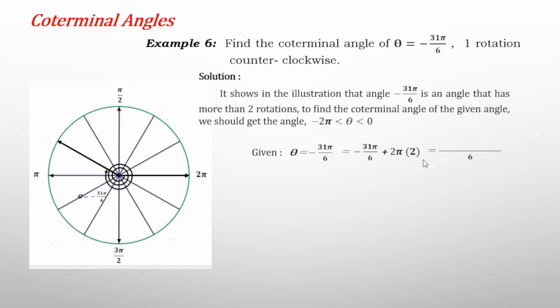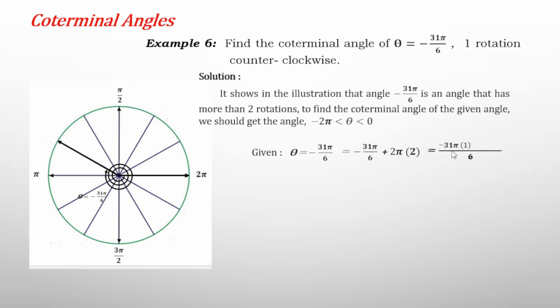So as we are going to update this, find the LCD. The LCD is 6. So 6 divided by 6, that is 1, times the numerator negative 31 pi.